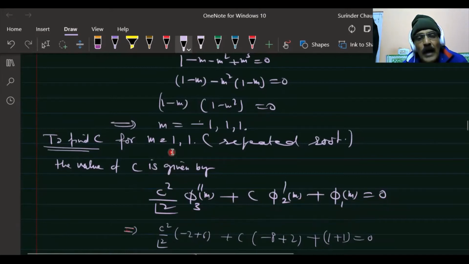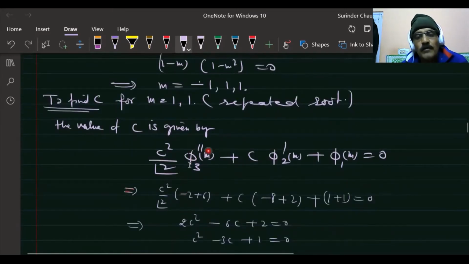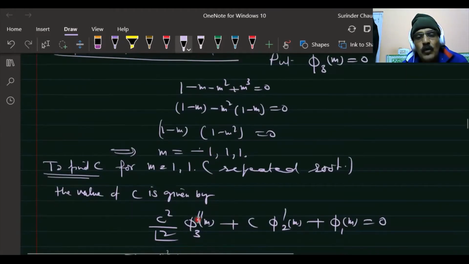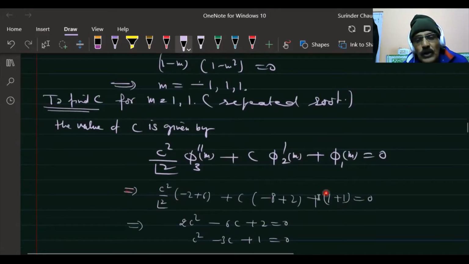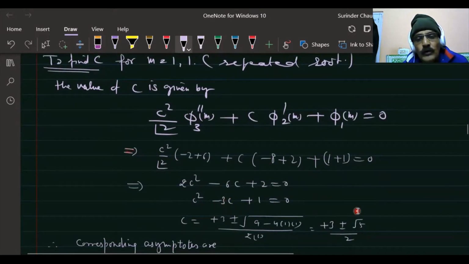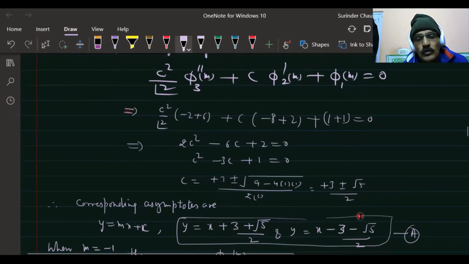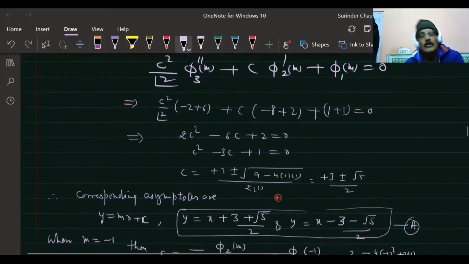Now for m equal to 1, put m equal to 1 in each of these terms, and we get a quadratic equation in c. Then solve for the two values of c. So we get two asymptotes parallel with slope m equal to 1.